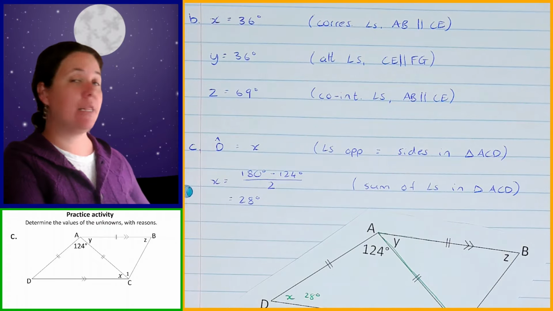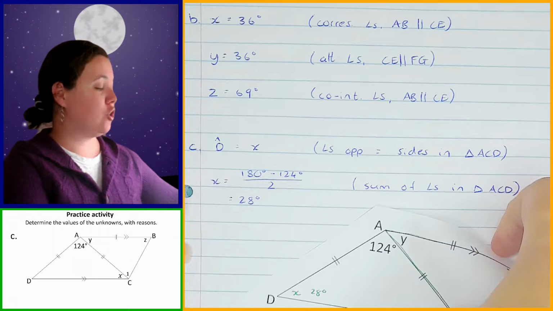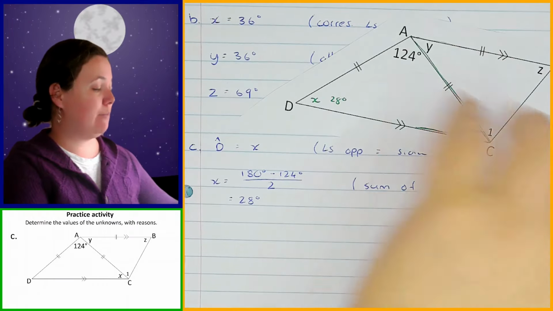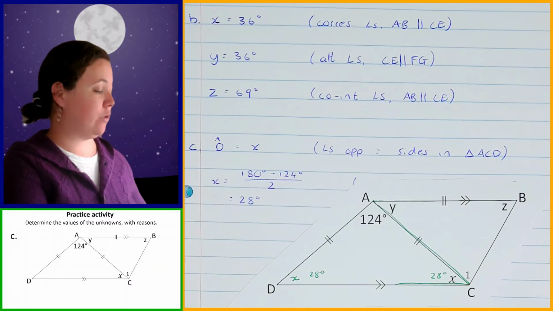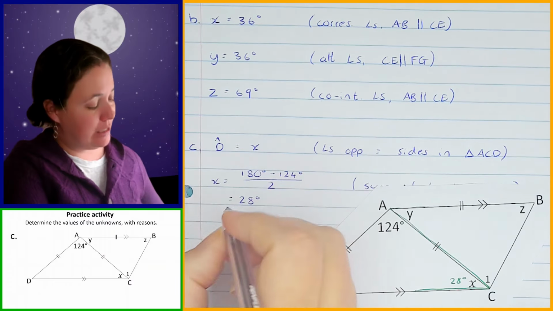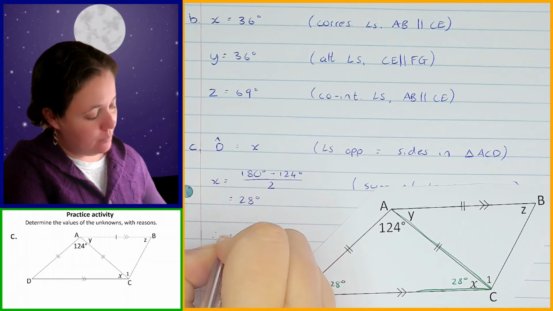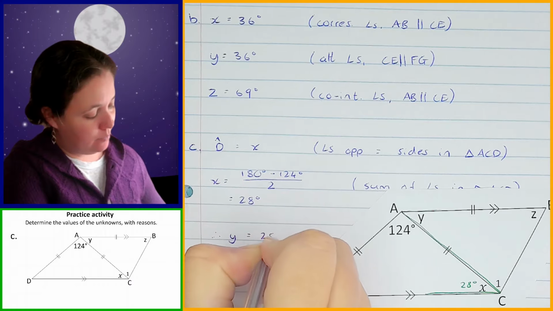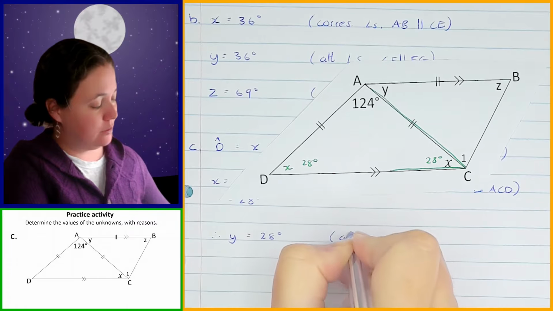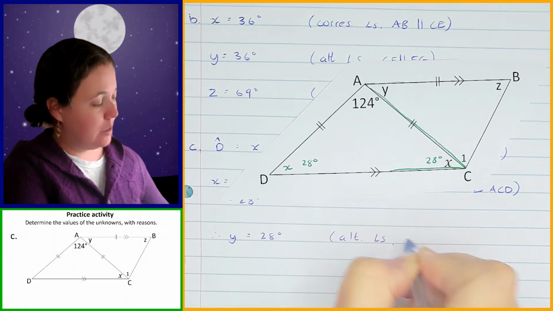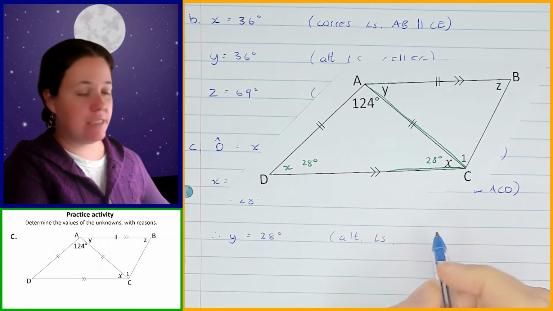And remember, we know that when the lines are parallel, alternate angles will be equal to each other. So that means that Y is going to be equal to X, which is 28 degrees. So Y is 28 degrees as well. And the reason I can say that is because they are alternate angles with AB parallel to CD.